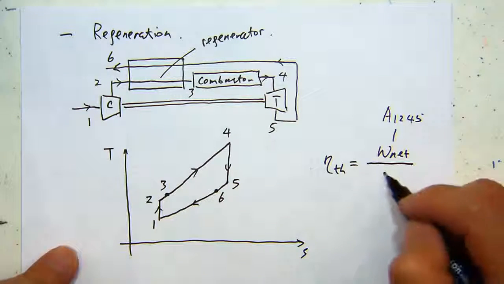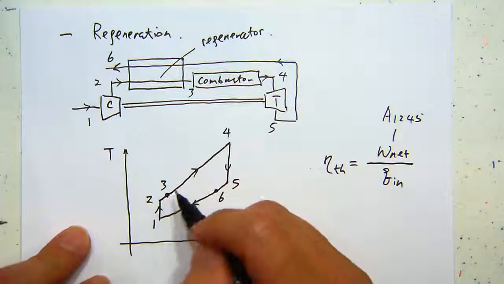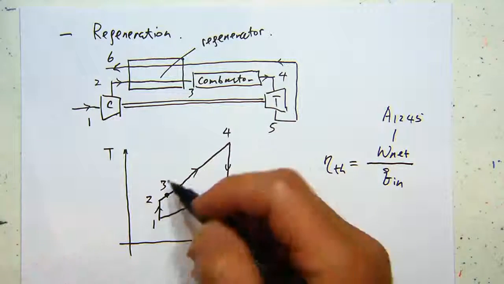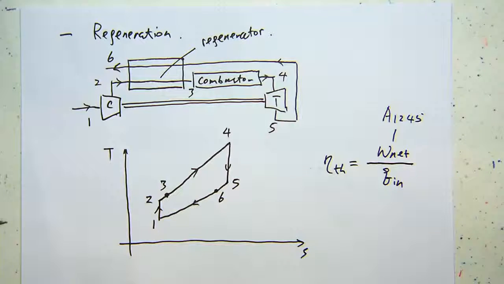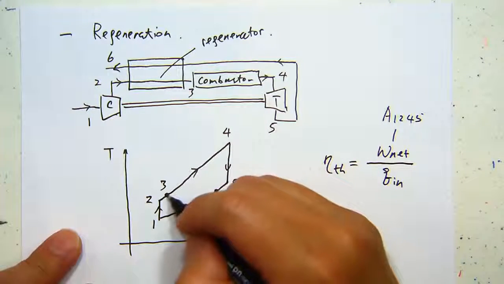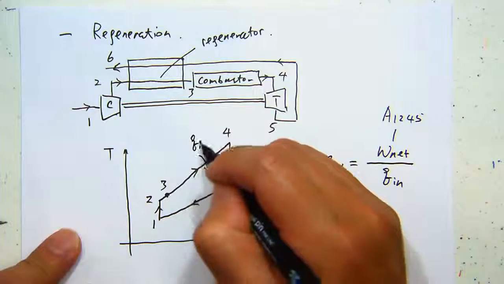But the Q in now is coming only from state 3 to state 4. Because from 2 to 3, that corresponds to the exhaust heat from the turbine, you only need to add heat to raise the gas temperature from state 3 to state 4. So that's where your Q in is.